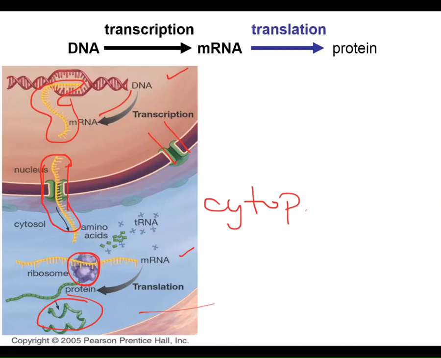We're translating the message. Right? Translating the message. And then what do you see? At first, this protein molecule, it's a long chain of amino acids, isn't it? And what do we see in this picture? That protein is going to roll up into its own unique shape, right? And we would call that the tertiary structure. So it's going to go from a linear primary structure and roll up into a tertiary structure.